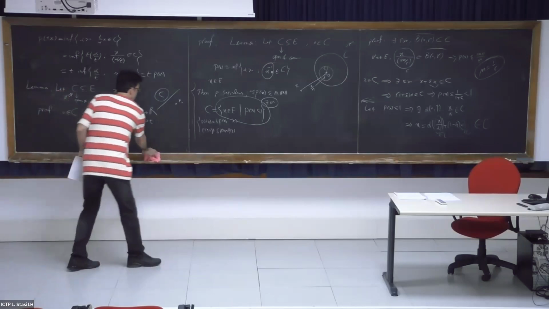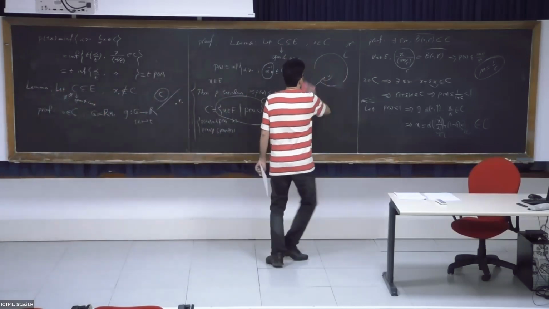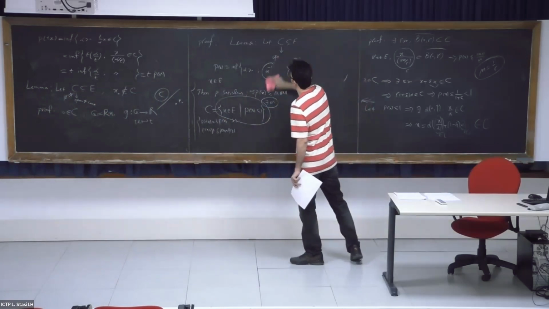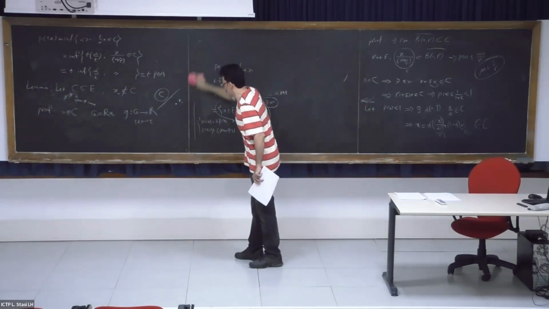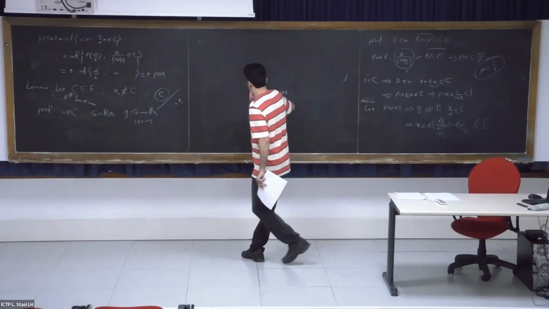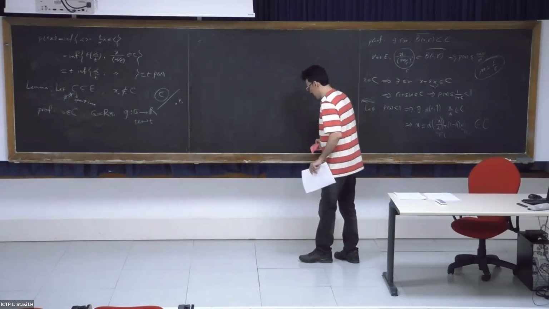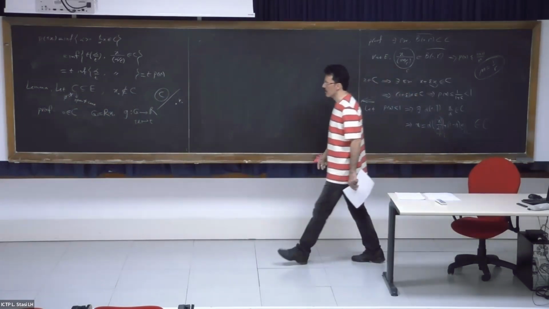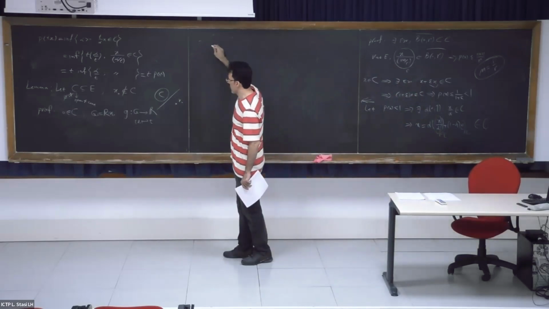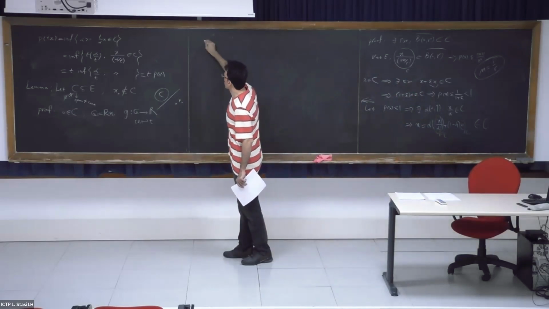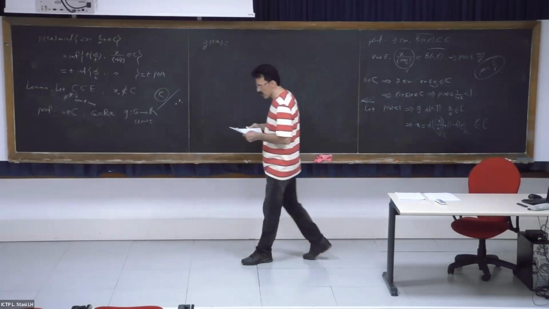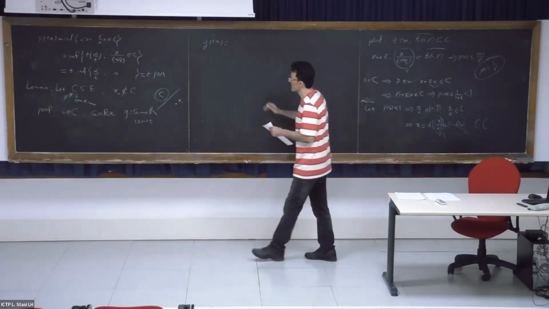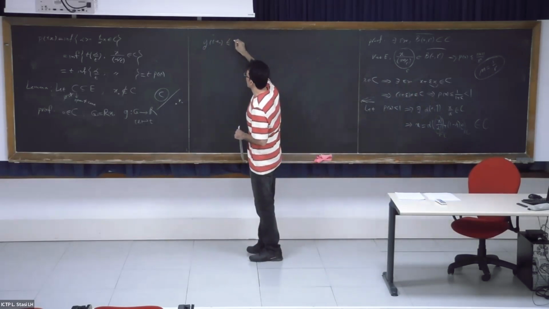And g of tx0 has the property that it is less than or equal to p of tx0.